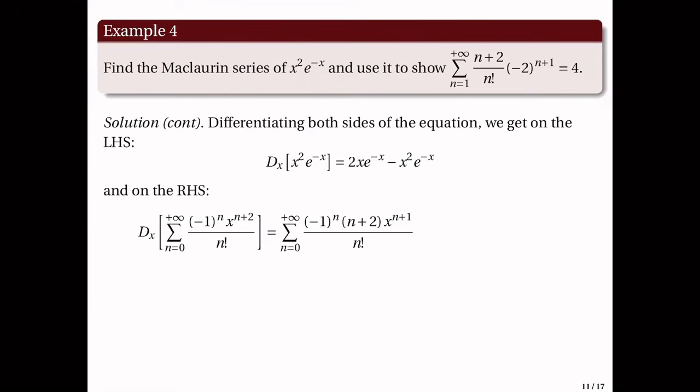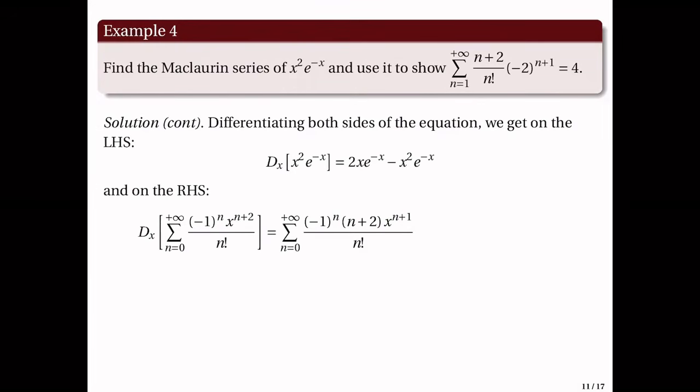So dito, differentiate lang natin yung x raised to n plus 2. Ang derivative nito ay n plus 2 times x raised to n plus 1. And then dito, hindi natin kailangan mag-reindex kasi when n is 0, positive pa rin or non-negative pa rin yung ating exponent for x. Okay?